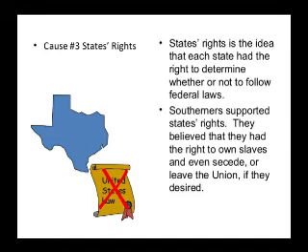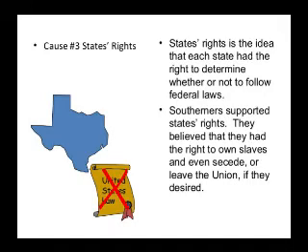Next cause is the states' rights. Now, states' right is the idea that each state has a right to determine whether or not to follow the federal laws. The Southerners supported the states' right. They believed they had the right to own slaves and even secede or leave the Union if they desired.